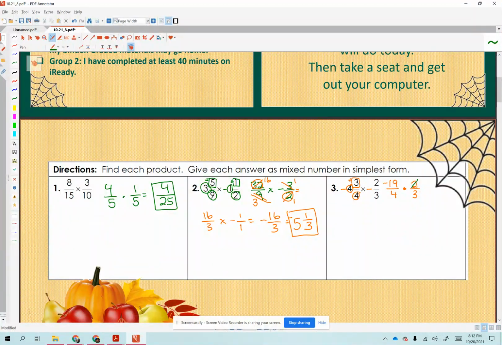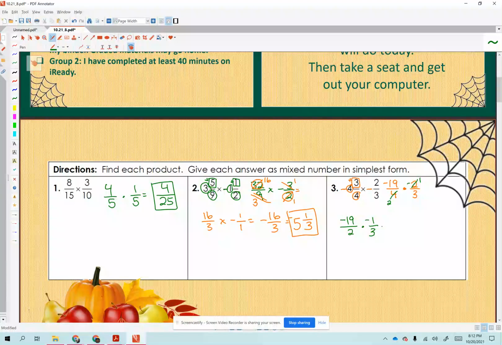We have 2 divided by 2 is 1, 4 divided by 2 is 2. 19 is a prime number, so we can't do anything with that. So I can rewrite this as negative 19 over 2 times 1 over 3, and that's a negative 1 over 3.